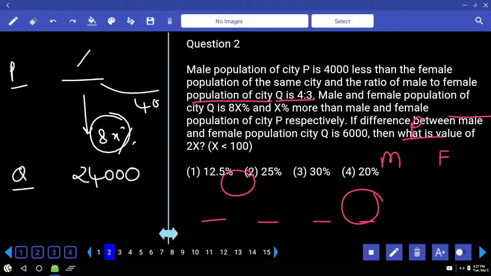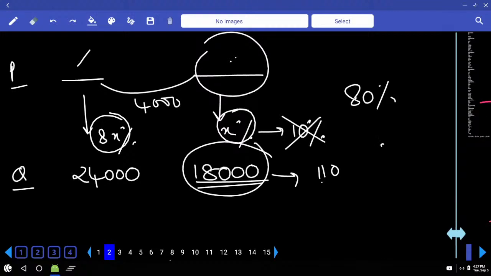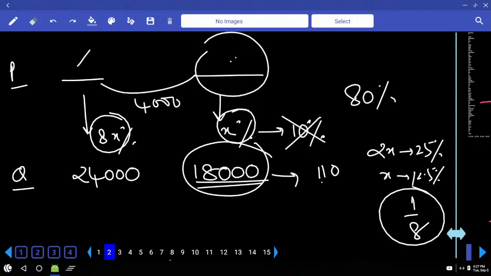If you observe 25%, for example, if 2x is 25%, then x is 12.5, which is 1/8, isn't it? If it is 1/8 more, means if it is 8 parts, this will be 9 parts. If 9 parts is 18,000, then 8 parts will be 16,000, isn't it?